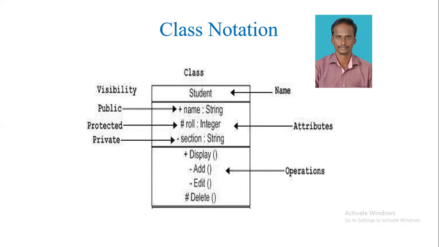Additionally, it has some operators like plus, hash and hyphen. Plus indicates a public property of the class. It means that it can be accessed anywhere. Next, protected. Protected attributes are indicated with a hash preceding the attribute.